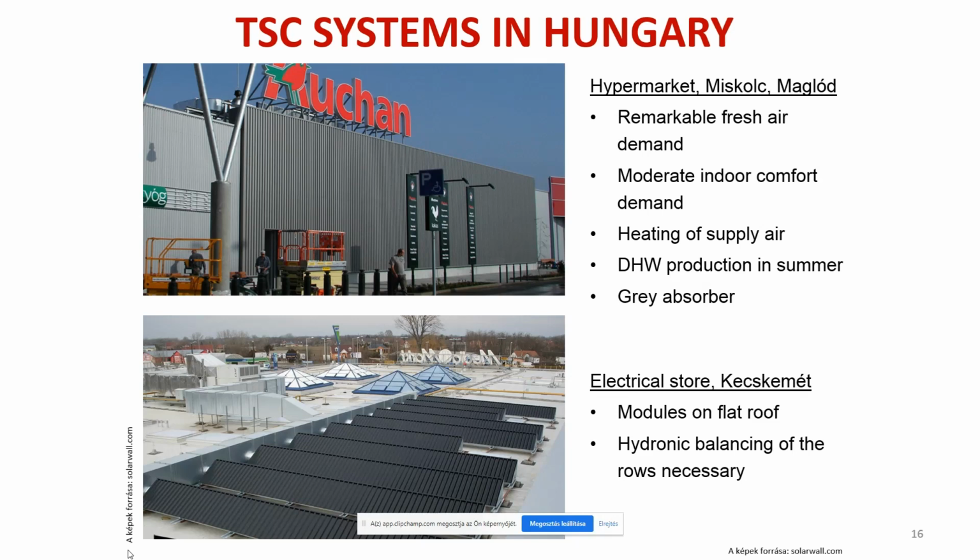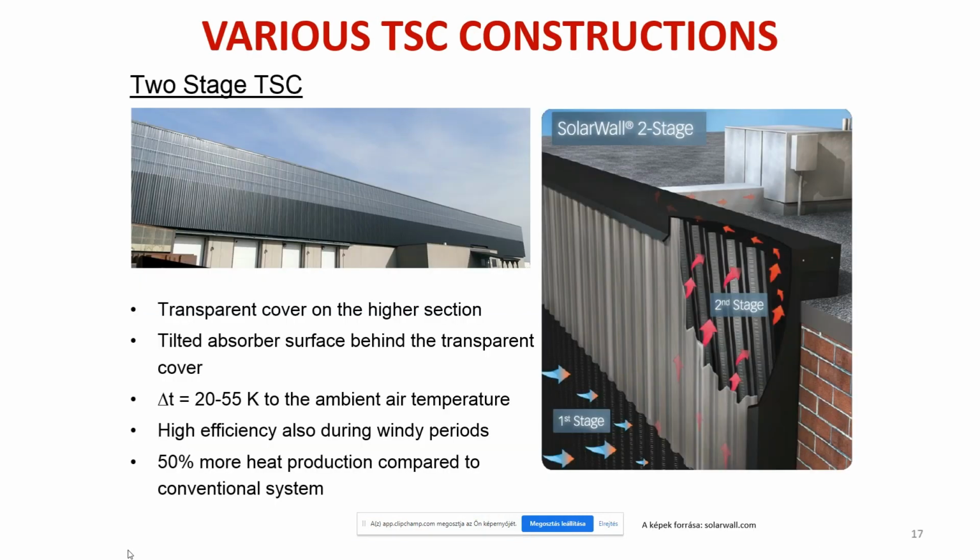In Hungary, two examples can be given in commercial buildings, in hypermarkets and an electronical store in Miskolc, Maglód, and Kecskemét. The picture below has solar ducts in case where you cannot install the solar collectors on a facade. You can create ducts on the roof.